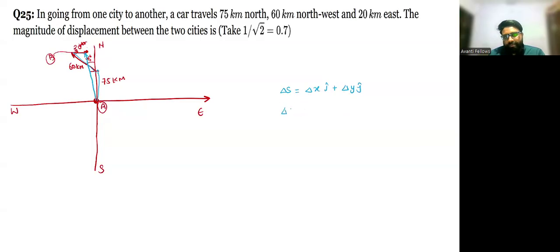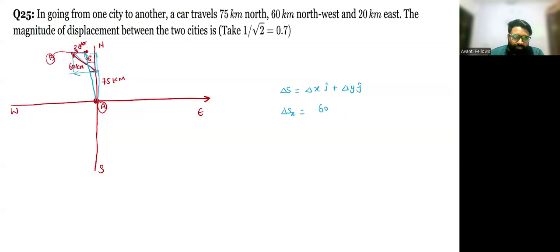So if you want to write the x component of the displacement vector, all the x components you will be adding here. The 60 kilometer x component, this one, is in the negative direction.